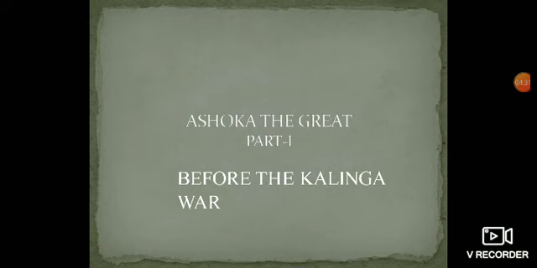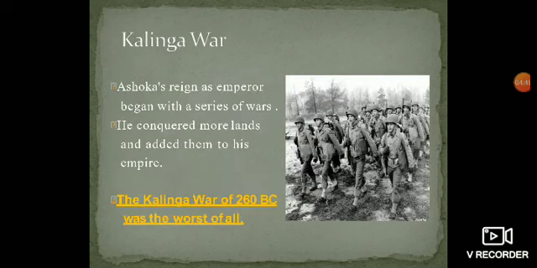Is it by pleading and begging to other kings that he would have acquired all his empire? No, definitely not. He acquired it by going to war with other kings. Ashoka was considered a bloodthirsty, powerful, greedy individual.